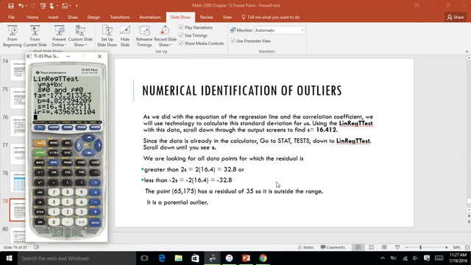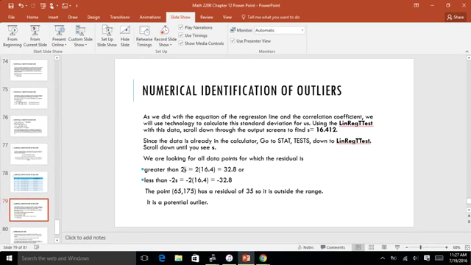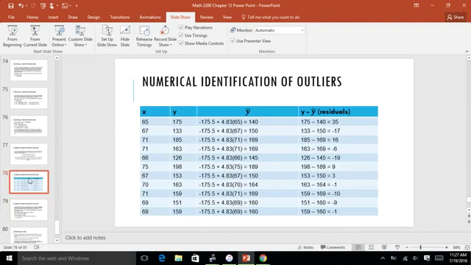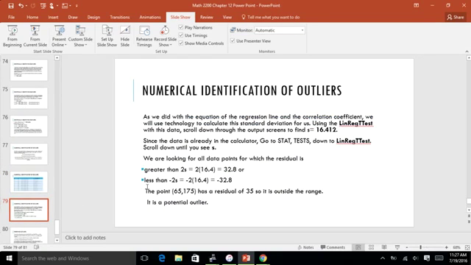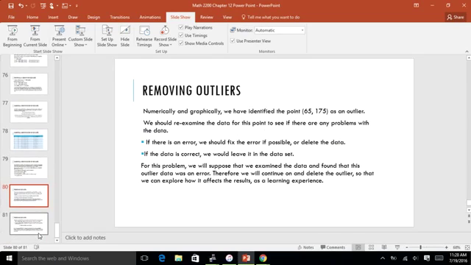What I want to do is multiply it by 2 and then by negative 2. So I get 32.8 and negative 32.8. What I want to see is whether the residual is above 32.8 or below negative 32.8. If I look over here, all my residuals look pretty good except for this 35. And again, it's that point where X is 65 and Y is 175. So that is a potential outlier.